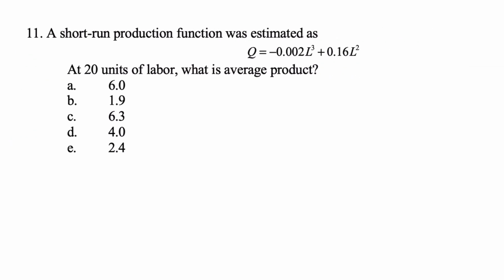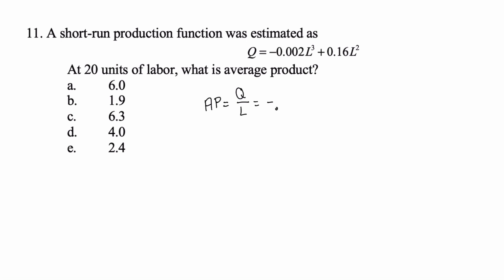Question 11 says, at 20 units of labor, what is the average product? So to find this, we first need to find our average product function. So our average product function is Q over L, or Q divided by L, which is essentially just going to reduce each of those exponents on our L by 1.